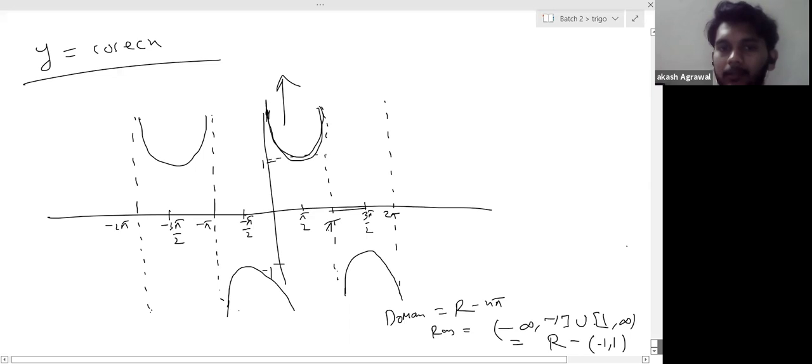All right, and here it comes from minus infinite and stops at -1. It doesn't go beyond -1. So this part, 1 to -1, there is no part of the graph in this part, right? So this part is not included in the range.